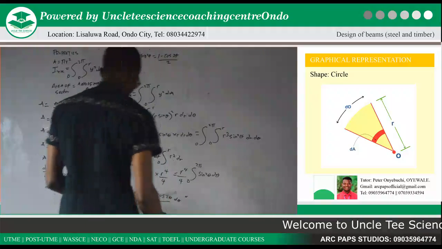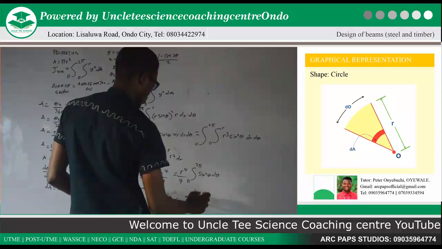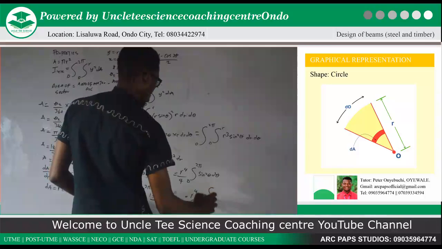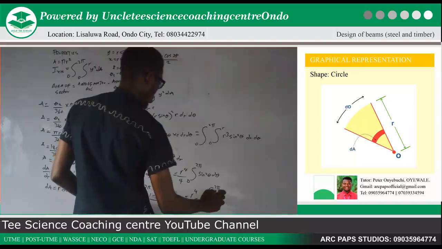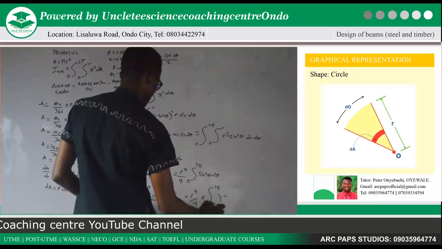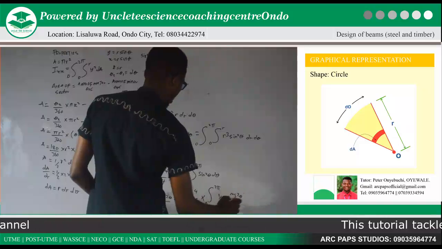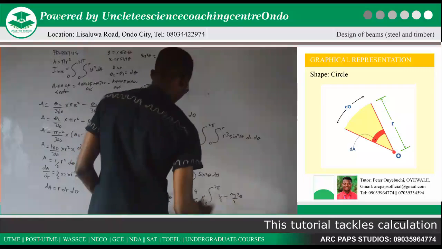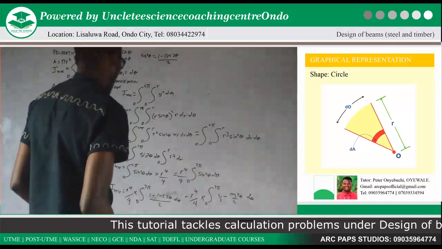Now this is d theta, and this will give us the integral from 2 pi to 0. Don't forget your r raised to power 4 over 4 is still out, of 1 divided by 2 minus cos 2 theta divided by 2 d theta.